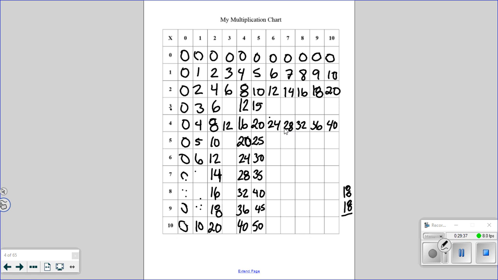Ready? Go. All right, Emma. We know 0 times 5. What is 0 times 5? 0. We know 1 times 5. What's 1 times 5? We know 2 times 5. What's 2 times 5? Now we need to figure out 3 times 5. Hunter, what is 3 times 5? 15. We already did 5 times 5.